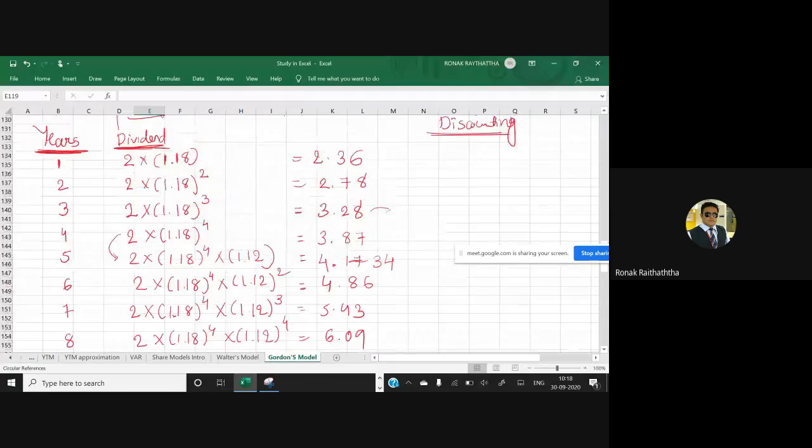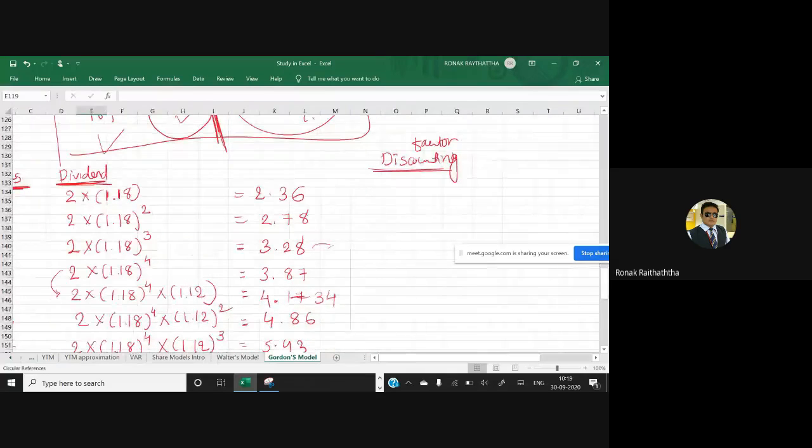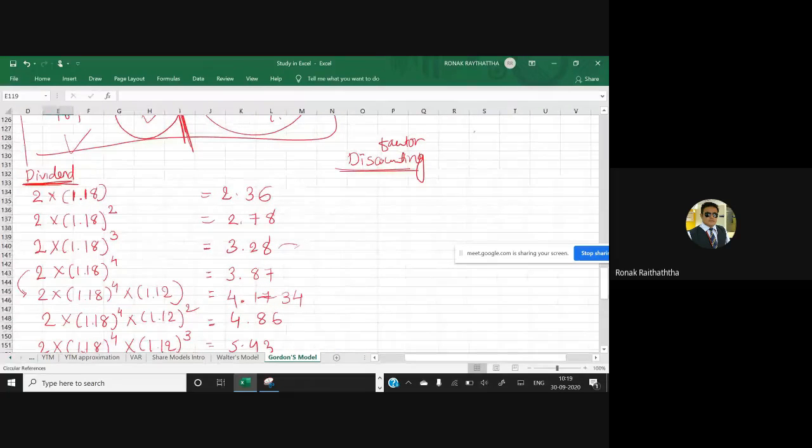So 15% से हमें उसका डिस्काउंट करना है। Can someone tell me the formula of discounting factor? 1 divided by 1.15. So that is nothing but 1 divided by 1 plus r raised to n.